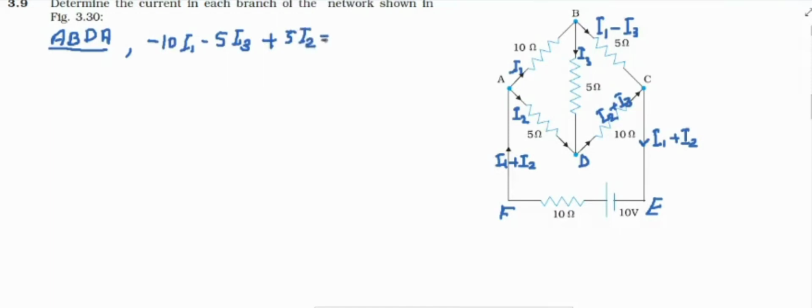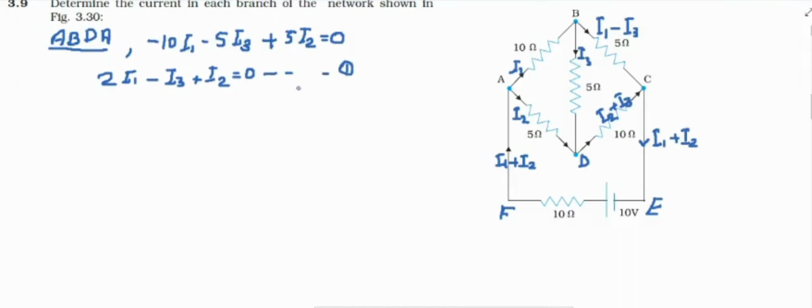There is no cell there, so take EMF as equal to 0. You can simplify the equation. You will get 2 I1 minus I3 plus I2 equal to 0. So take it as equation 1.